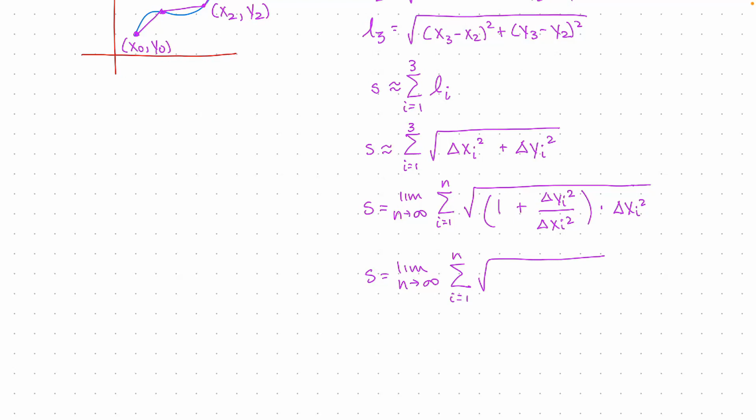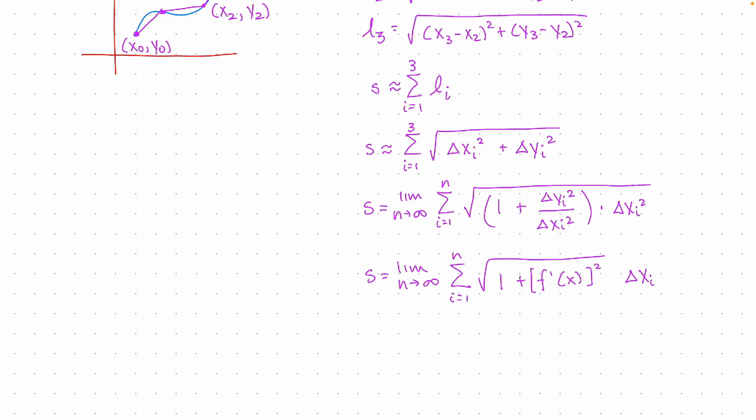And we know in calculus, something else to represent slope is the derivative. So I'm going to make a little jump here and just say that second term in the quantity is f prime of x, squared. And then we still have the square root of delta x sub i squared. Square and square root will cancel out. So then we have just delta x sub i outside of the square root.